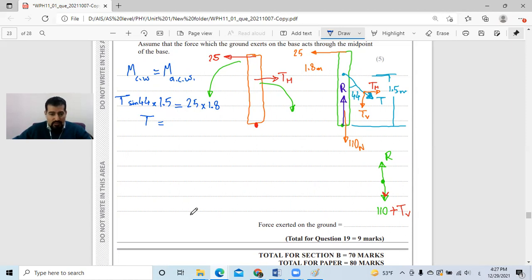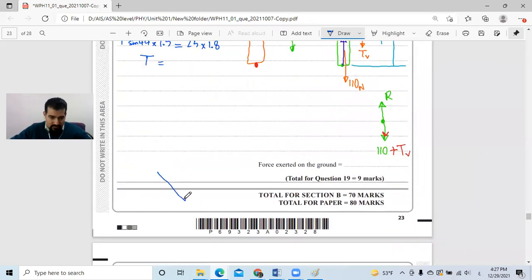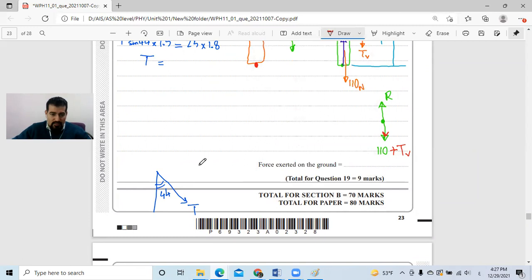Again, guys, let me explain it here. When I have a force like this, the tension, and this is the angle, 44 degrees, I need to make two components, one horizontally and one vertically. The one vertically, I will write cosine because this angle is close to it, so I will write T cosine 44.